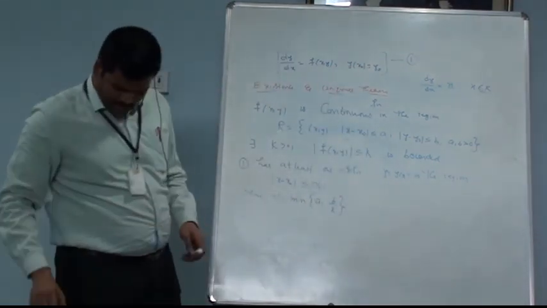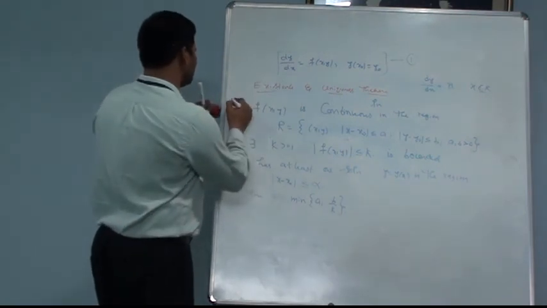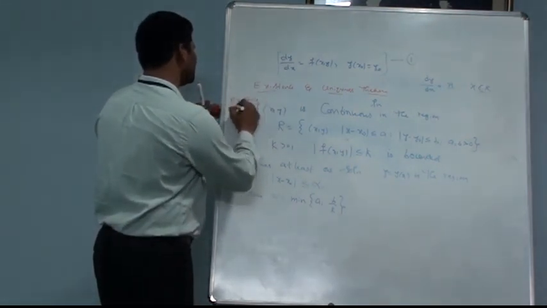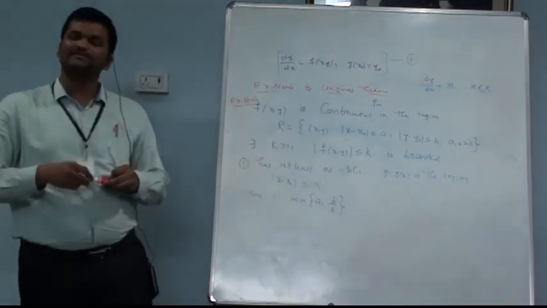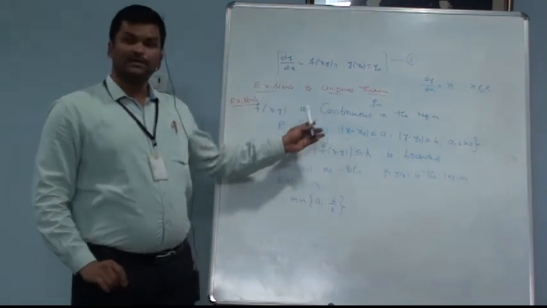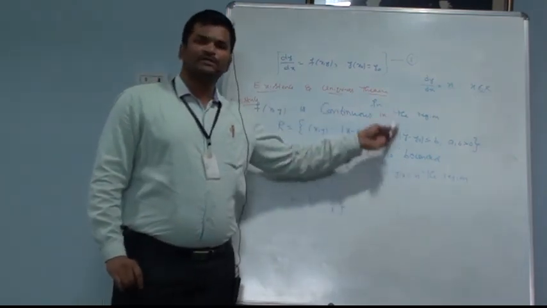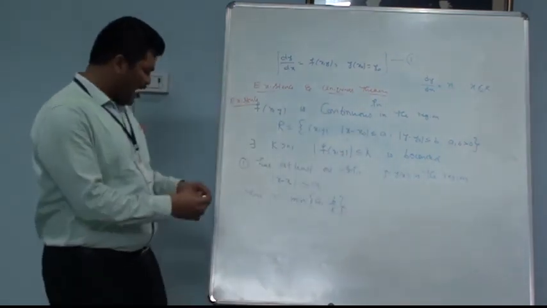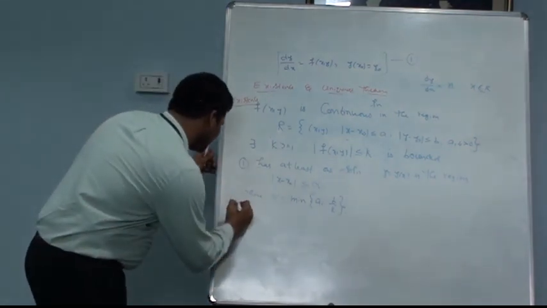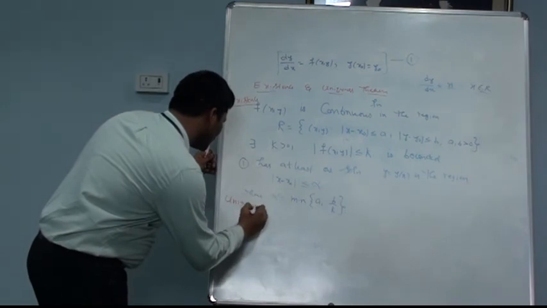This is called the existence theorem. In the existence theorem, the important thing is f must be continuous and f must be bounded. These are the two important points. Another theorem is the uniqueness theorem.